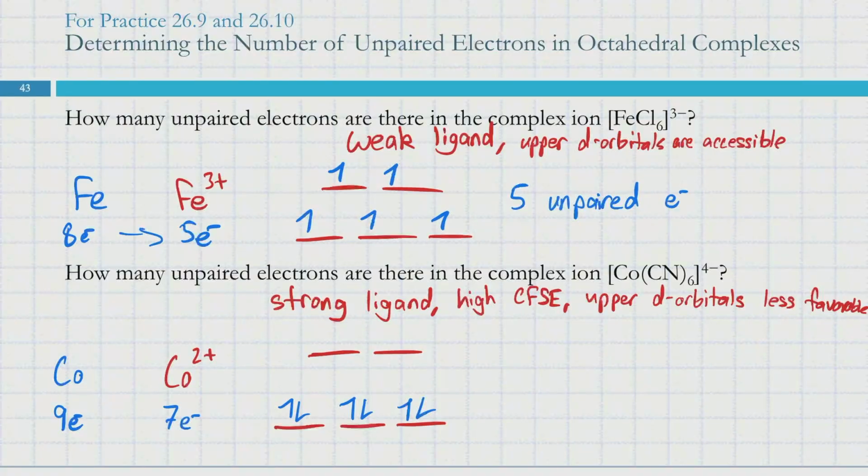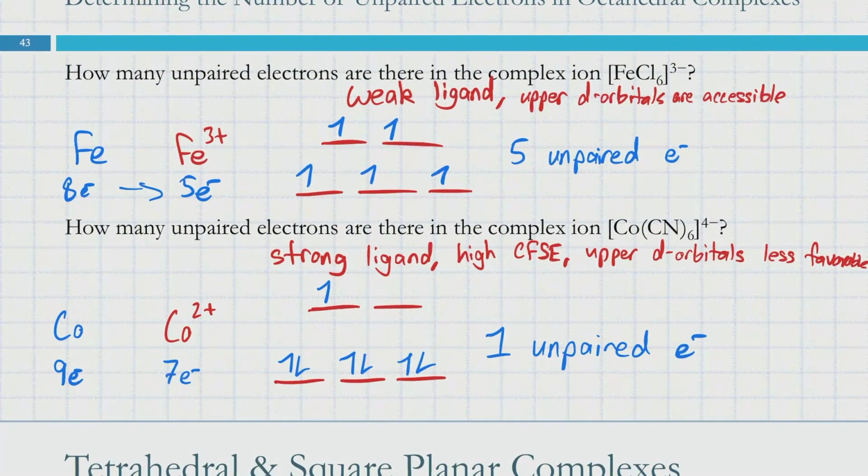And then, with nowhere left to put electrons, we put 1 into our dz squared maybe, or a dx squared minus y squared, one of those higher energy orbitals. So we have 1 unpaired electron. Questions about either of those?